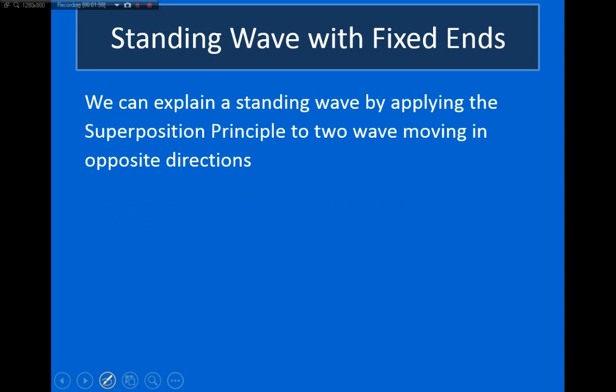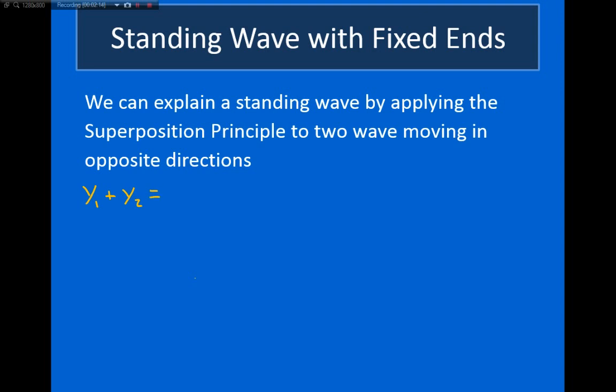So we can understand a standing wave by applying the superposition principle and what we know about how to mathematically represent a wave. So the superposition principle says the resulting displacement is just going to be the sum of the two displacements.